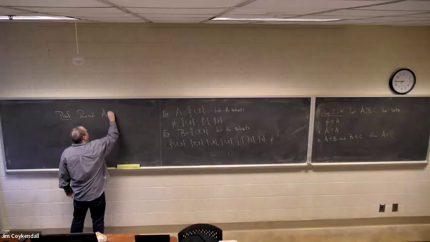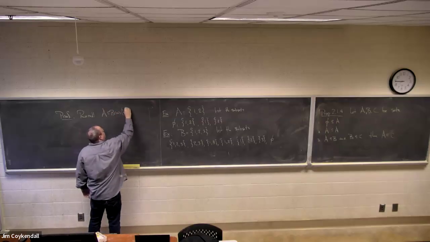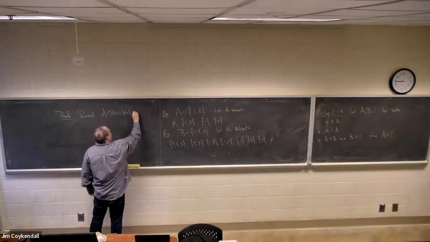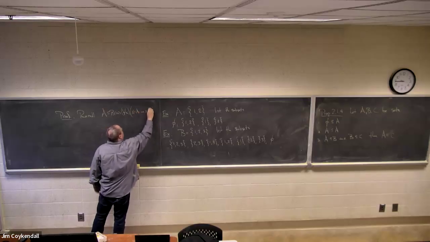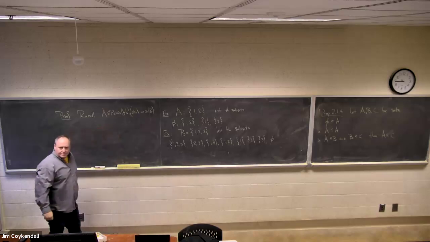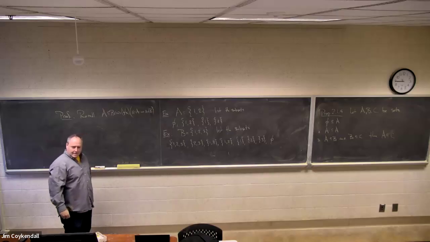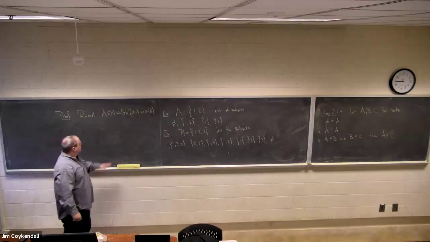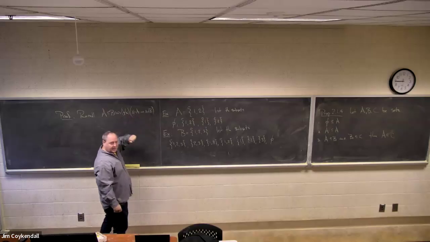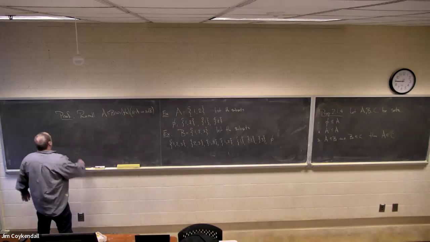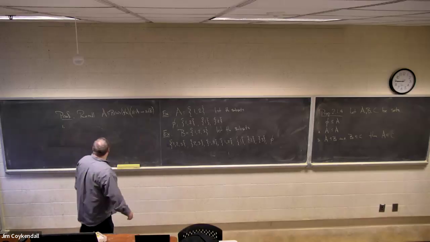A is contained in B if and only if for all X, X is in A implies X is in B. This means for any given X, if it's in A, it has to be in B. So one, why is the empty set a subset of any set?